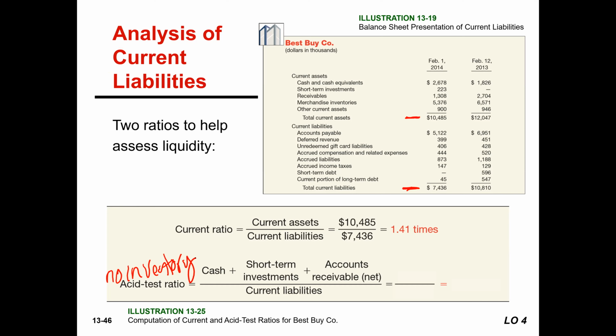Once we subtract those two things from the numerator, that makes our ratio smaller. So on this one we've got 0.57 times, which means that for every $1 of current liabilities, we have 57 cents of these most liquid, or quick, assets. Another name for the acid test ratio is the quick ratio, because it's our assets that can be converted to cash quickly, right?